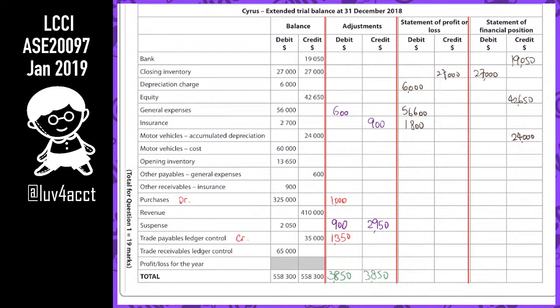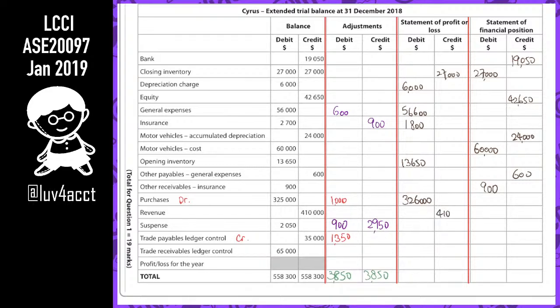Motor vehicle at cost would be 60,000 here. Opening inventory goes to the statement of profit and loss, 13650. Other payables, other receivables. Purchases, 326000.